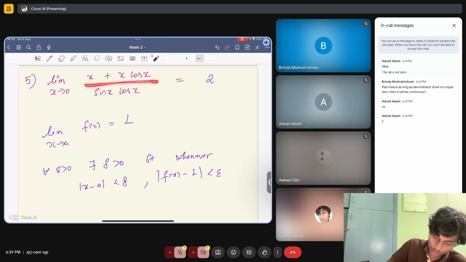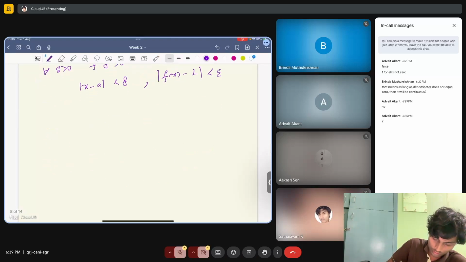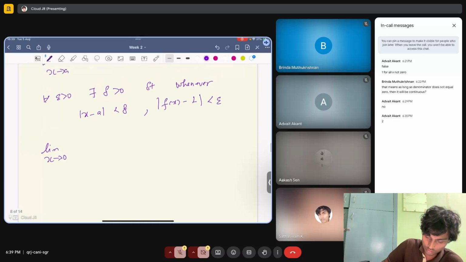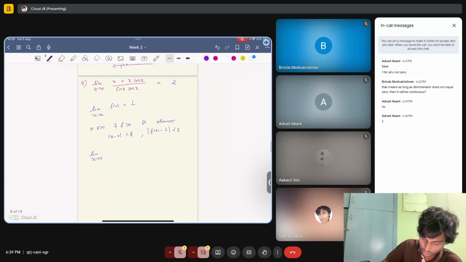If you look at this, there is a quotient here and there is an addition here. So let's split it and then we'll try to solve. This is the limit as x tends to 0. I will just zoom out so I can see it. Maybe I'll draw in a different color.